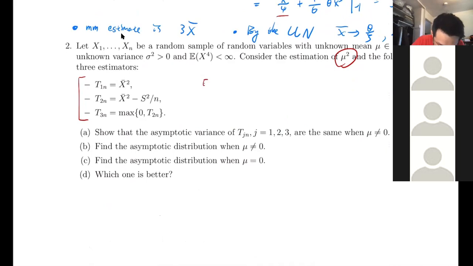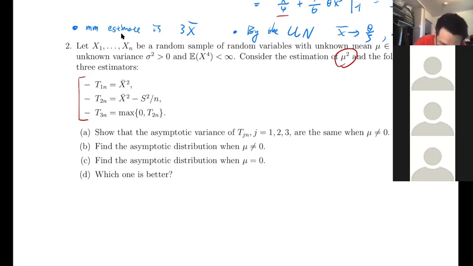Like this one is equal to the variance of S bar minus this.